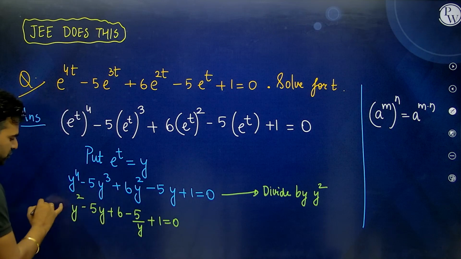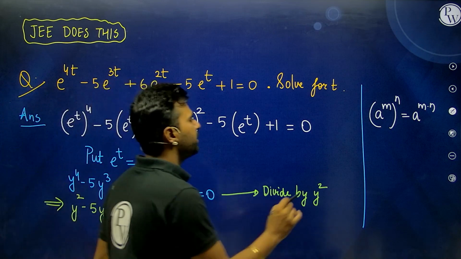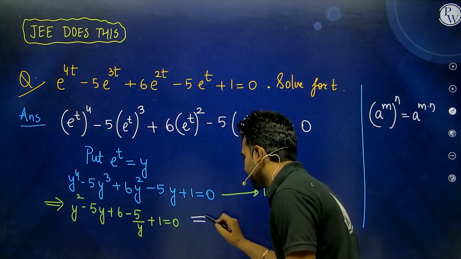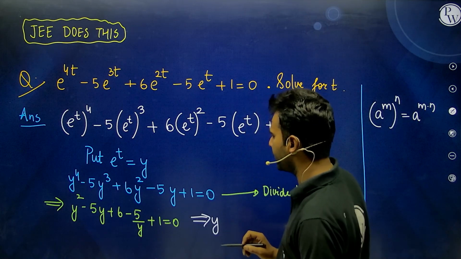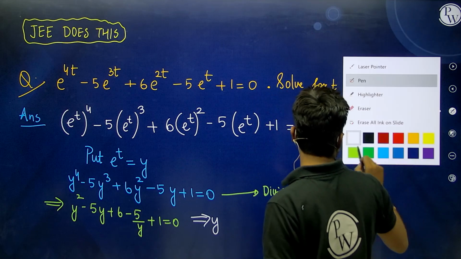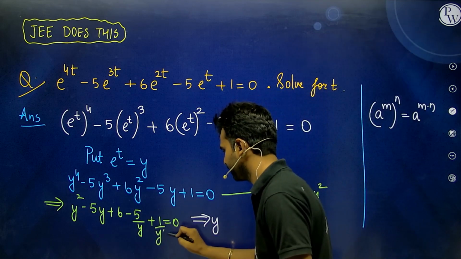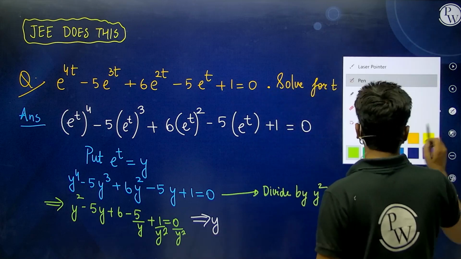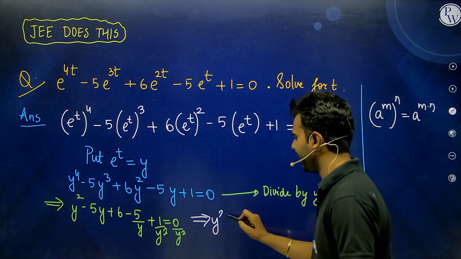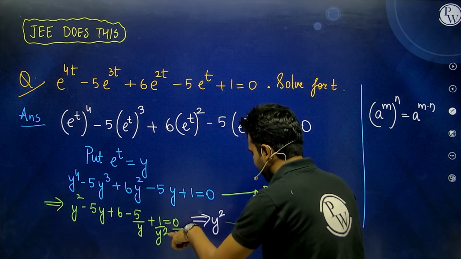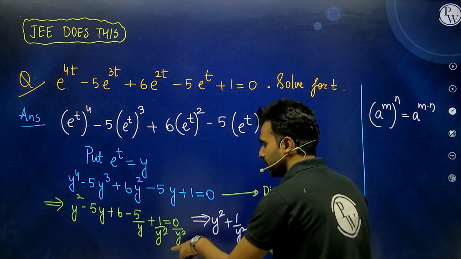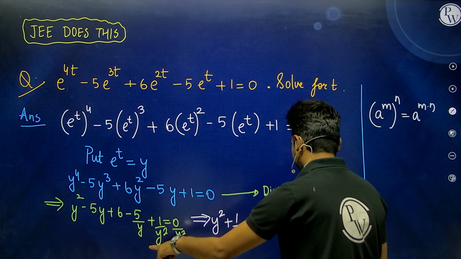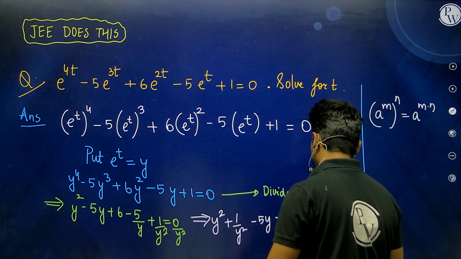Now this same equation can be rewritten as what, kids? This will be 1 by y square over here, and 0 by y square is 0 only. So rewriting this equation: y square, then 1 by y square, then minus 5y, then minus 5 by y, plus 6 is equal to 0.